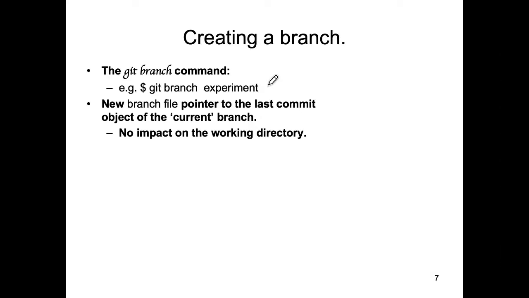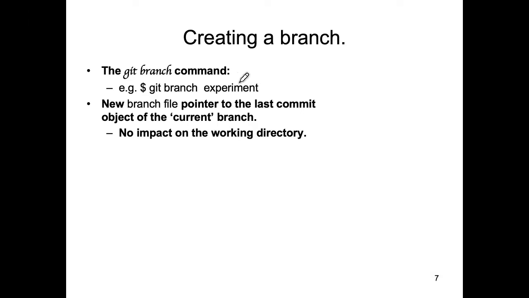What this command does is it simply creates another branch file in that directory that I showed you on the previous slide. The name of the file will be this. So you will see exact names of branches represented in the repository as files.